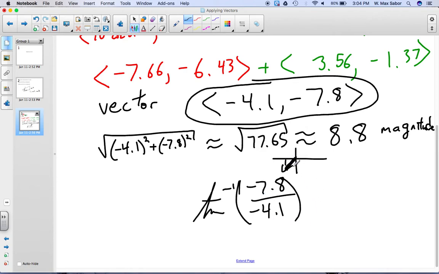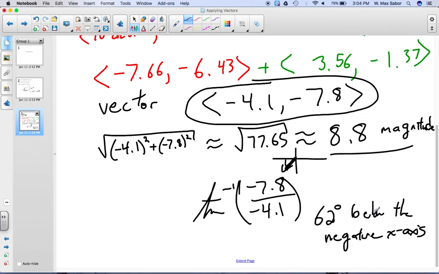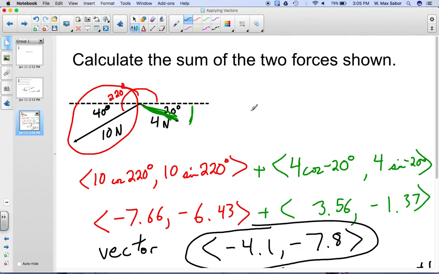So this is a 62-degree angle, so it's 62 degrees below the negative x-axis. So here's our magnitude, 8.8. The direction is 62 degrees below the negative x-axis. Or you could add that to 180 degrees and say that this is 242 degrees.